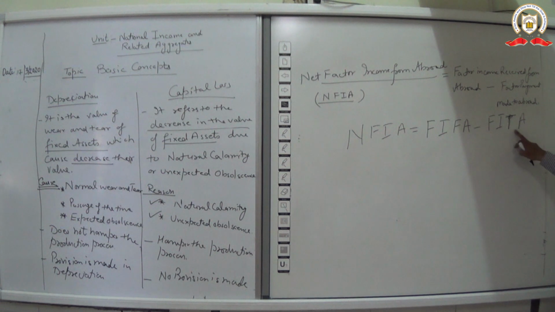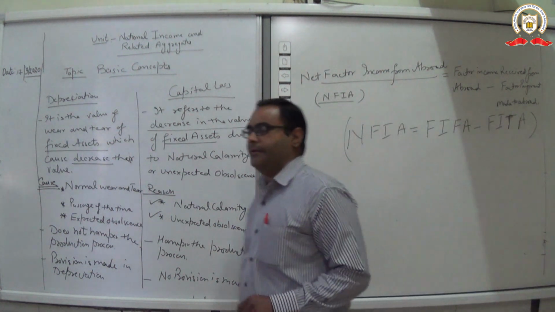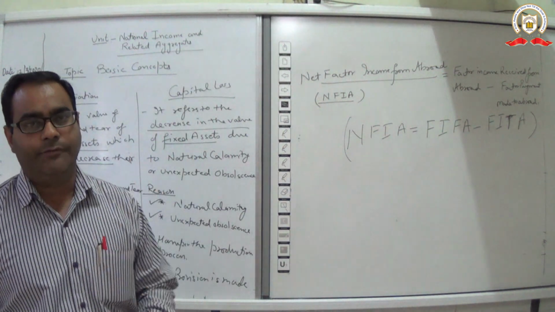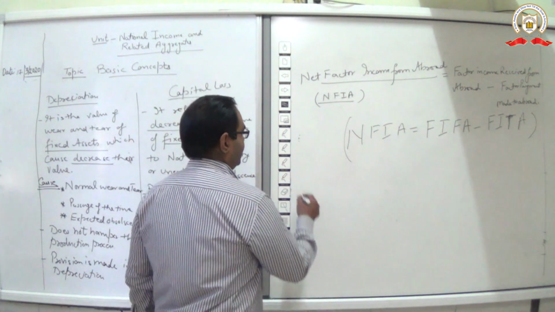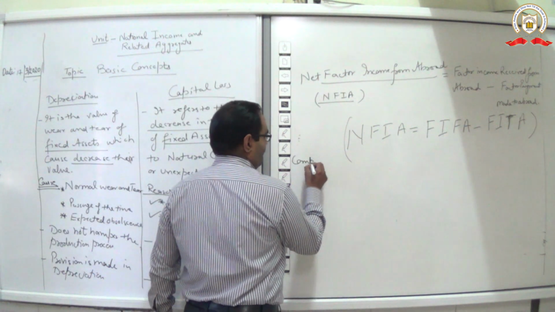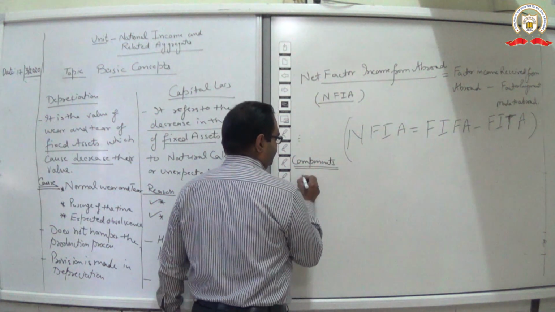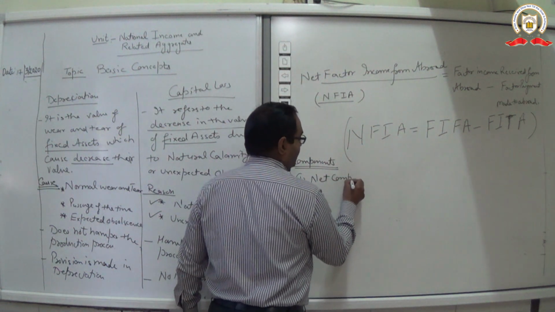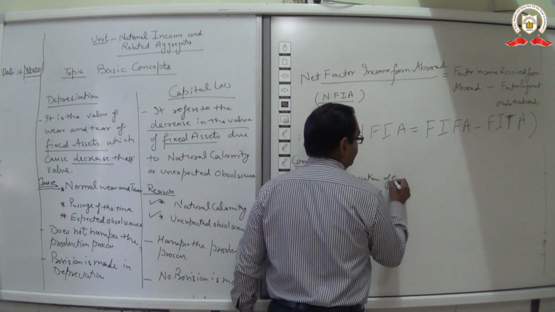Factor income to abroad. The components of NFIA are also important, that is, what kind of income is received from abroad and what kind of income we pay to abroad. Components. First component is net compensation of employees.